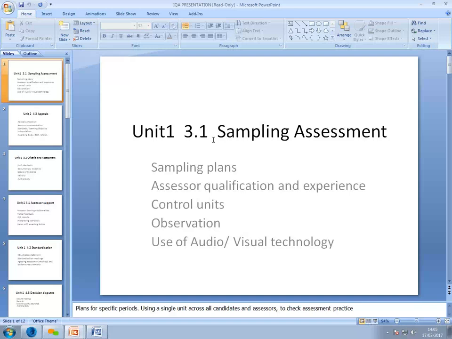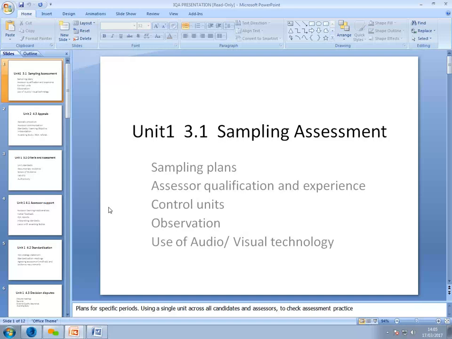Observation. That's not observation of the assessor on the candidate, that is the observation of the assessor by the IQA. Periodically, and this is in the sampling plan and the strategy, which I'm going to cover in a minute. If you've got a new assessor who's not done any assessment before, they will need more support in that first period.